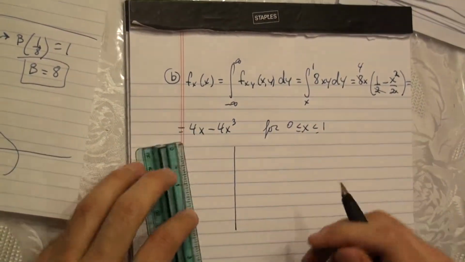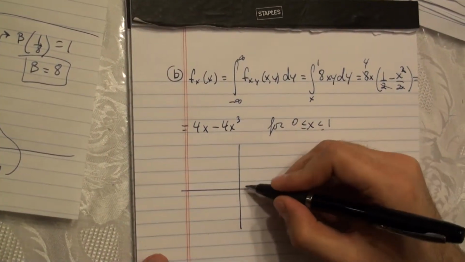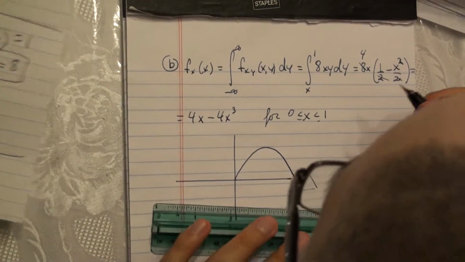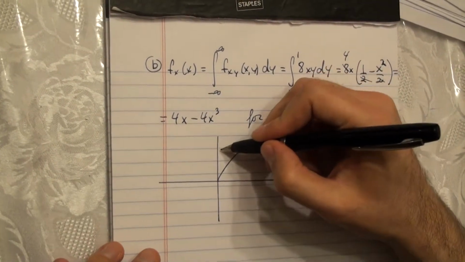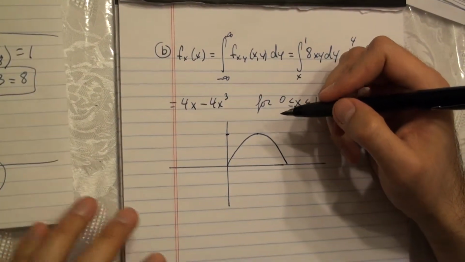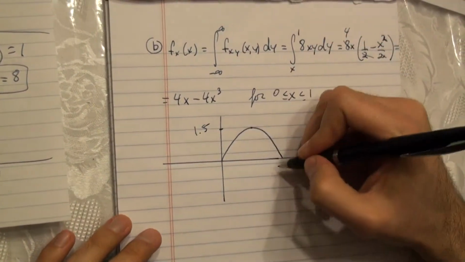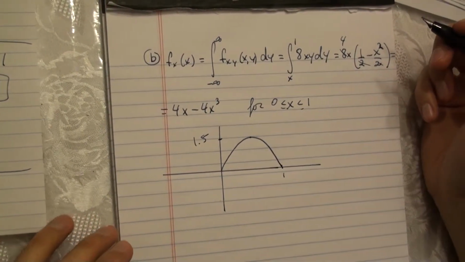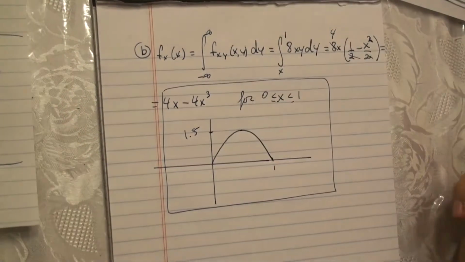Let me get my ruler. It's going to look something like this, going up like this. This point up here corresponds to the peak, and the peak is going to happen at 1.5. And it's going to end here at 1 because it only exists there. So this is what little f of x looks like, and its function is up here.